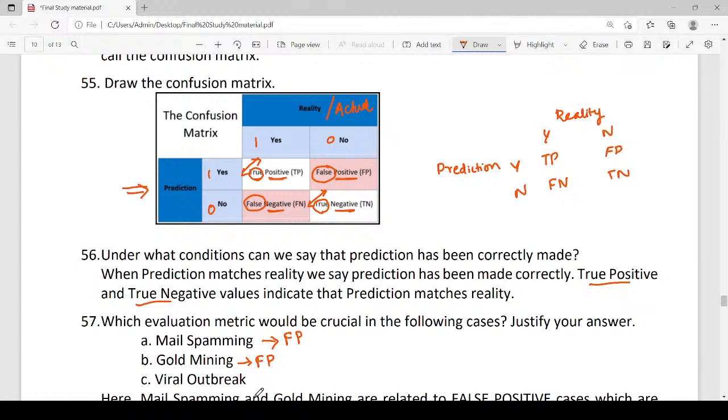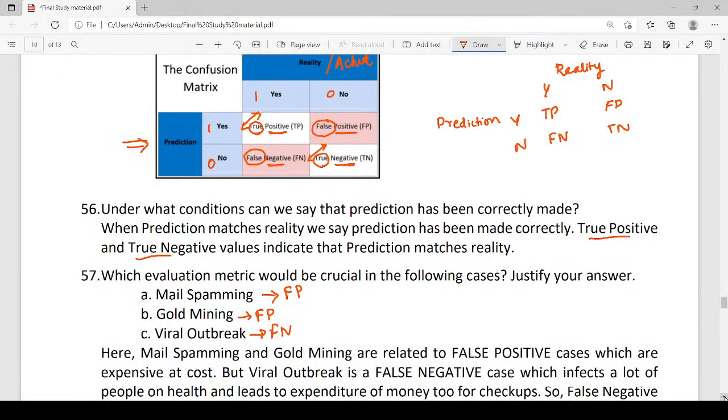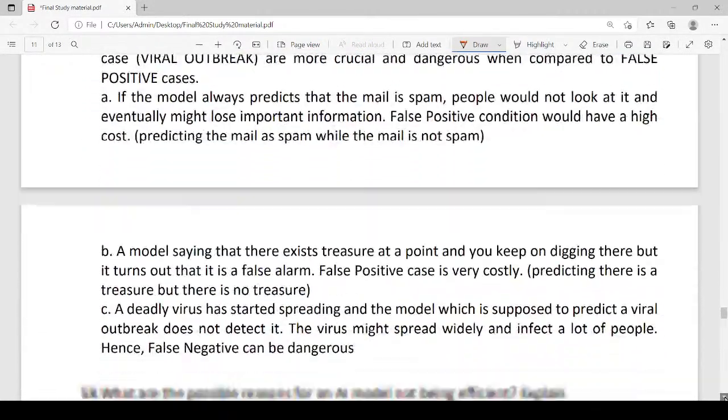The last one is false negative. Got it? So you'll have to explain this because these two are the conditions which give high cost. So you need to remember to associate the right condition with the right example.